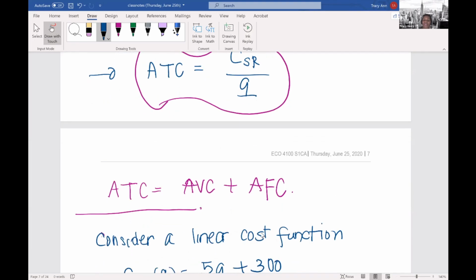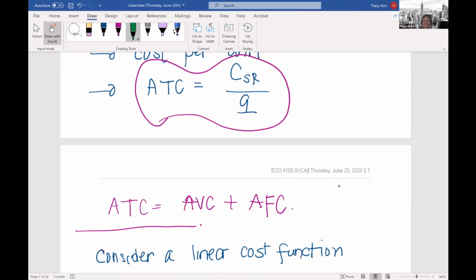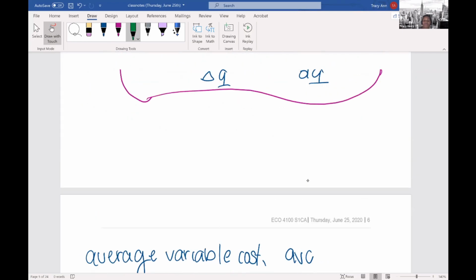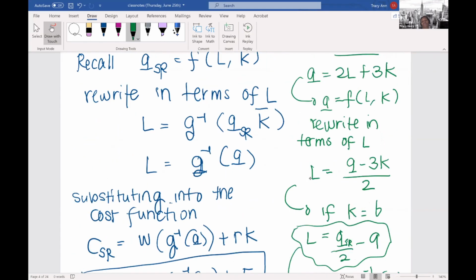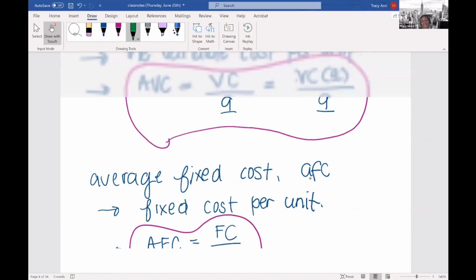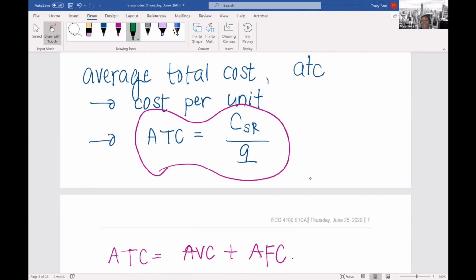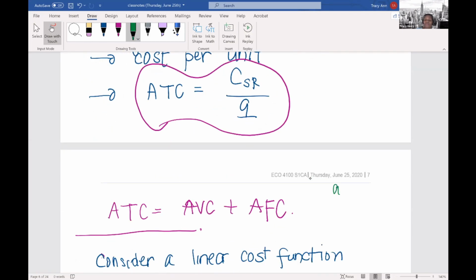This is just an aside. I should have said it all the way here: as long as average fixed cost is positive, so as long as there is a fixed cost and I have an average fixed cost, then my average total cost is greater than my average variable cost.